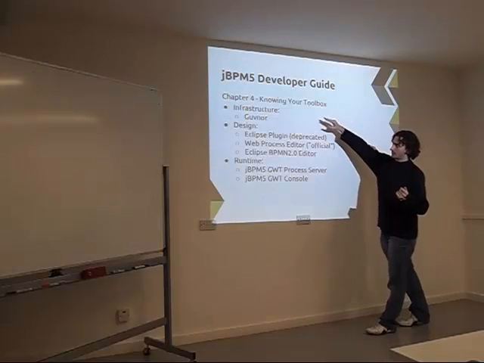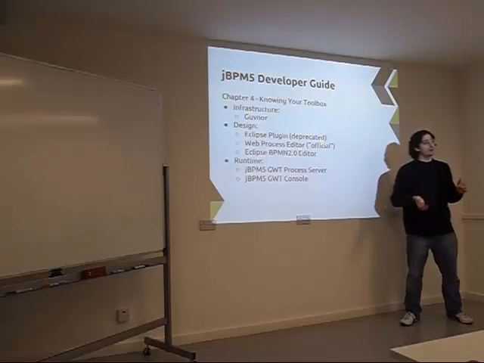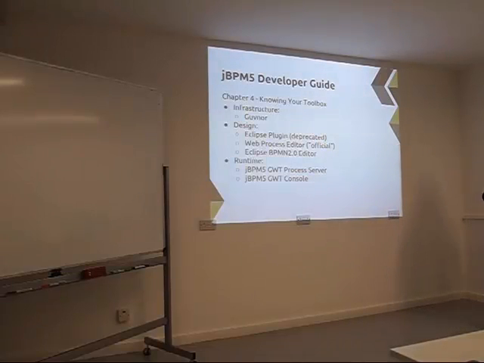From the infrastructure point of view, we have Guvnor. How many of you know what Guvnor is? Okay, so Guvnor is basically a web application, and you can use Guvnor as a central repository of processes, or actually of assets. A process is one of the assets. You can also store rules there.